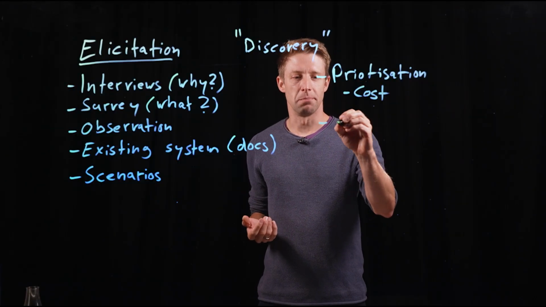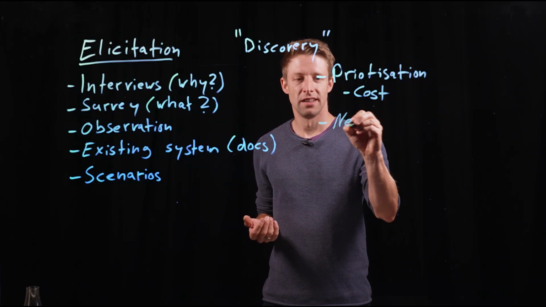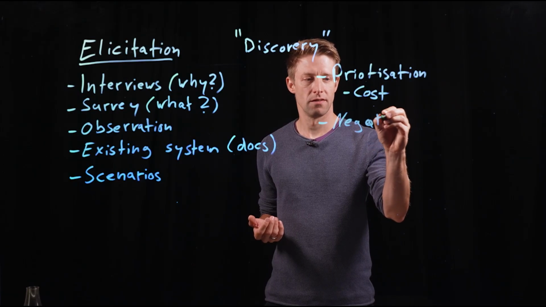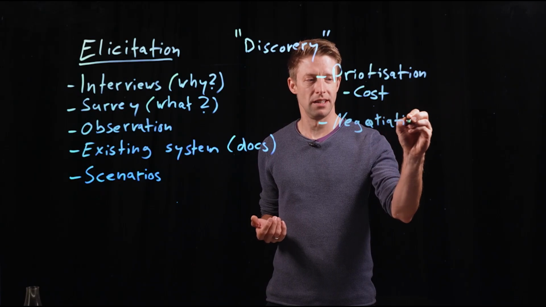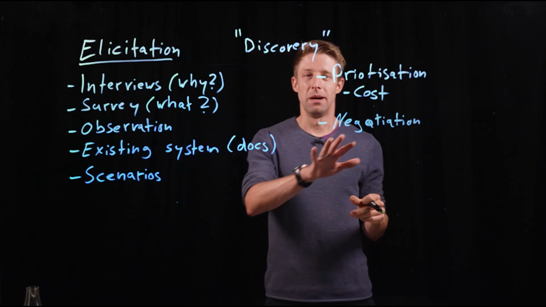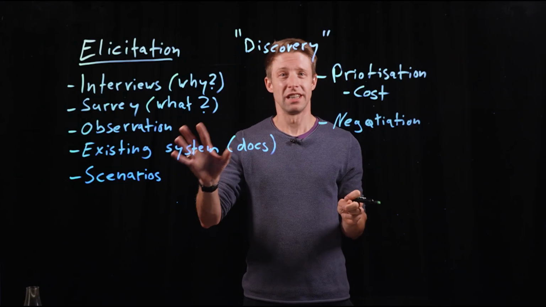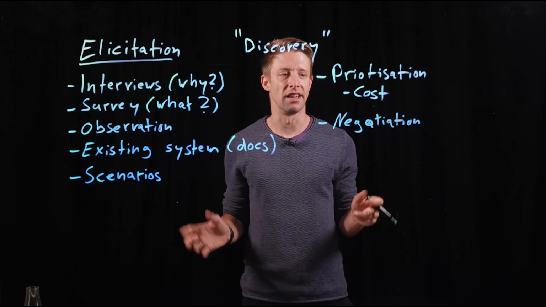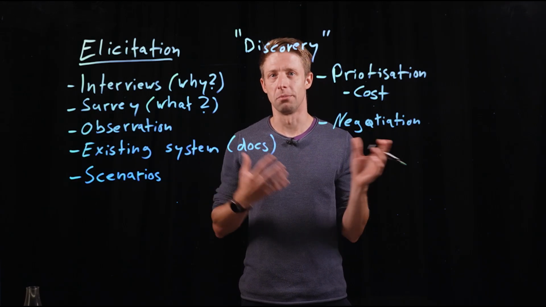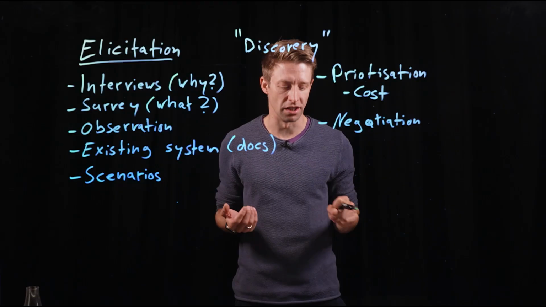And when we get back to the stakeholders, there might be conflicting interests. So typically, you might have to negotiate between the different stakeholders. Maybe one stakeholder wants something, the other one definitely doesn't want to have the same thing, or they want different things, and you have to somehow agree what is higher priority or what is more cost efficient.